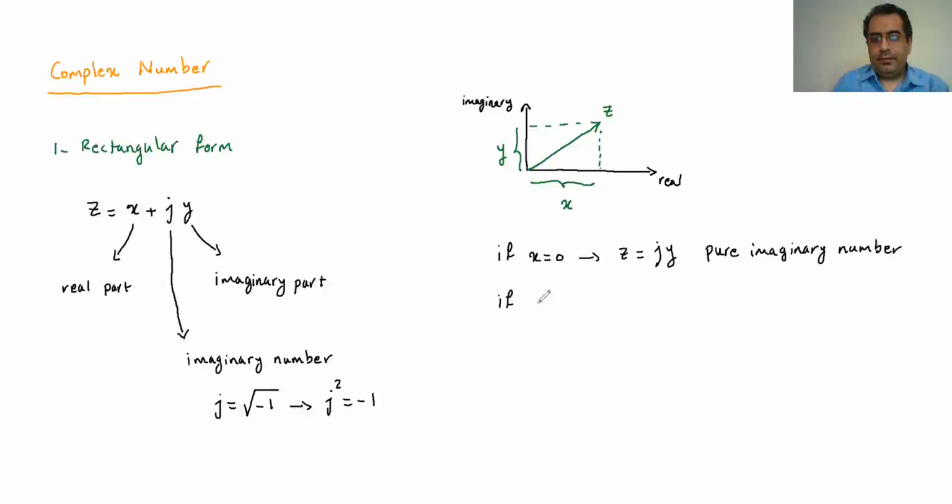If y is 0, then z becomes equal to x, and what we have is a pure real number. If none of them are 0, then I have a complex number, as I have here, with the x and the jy.